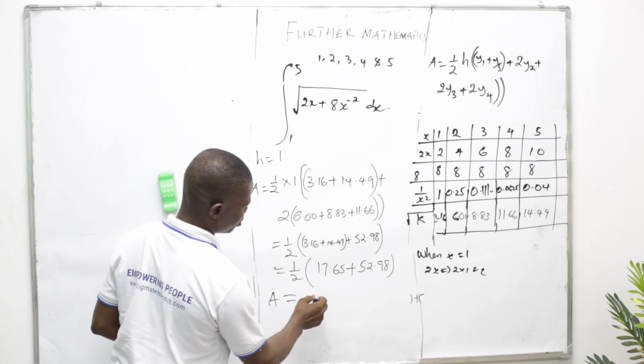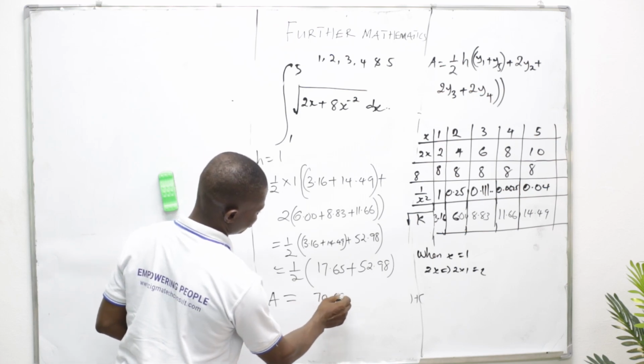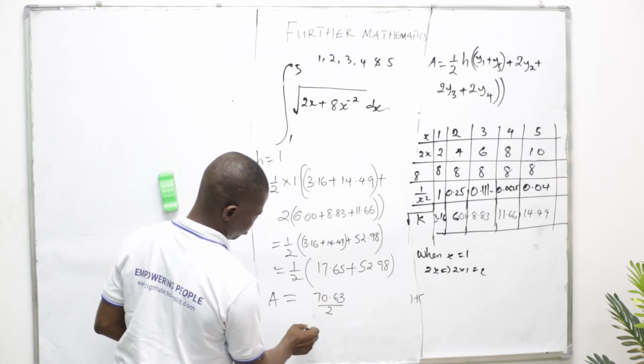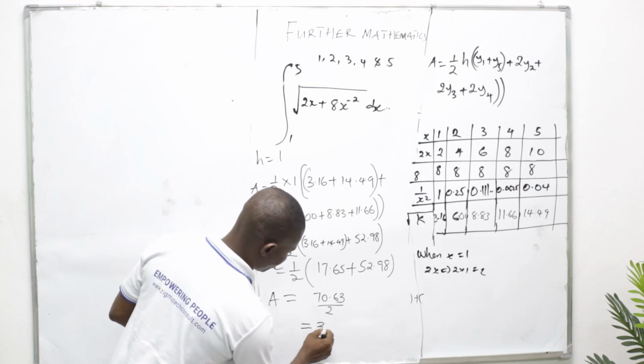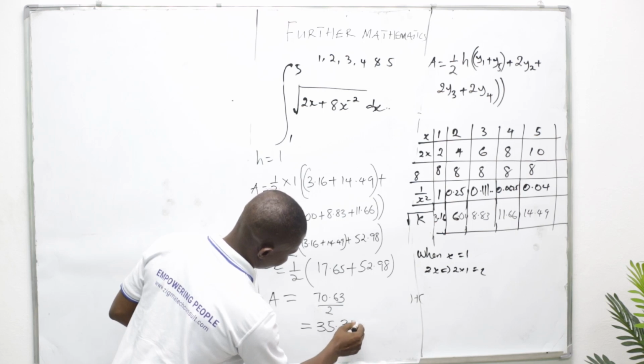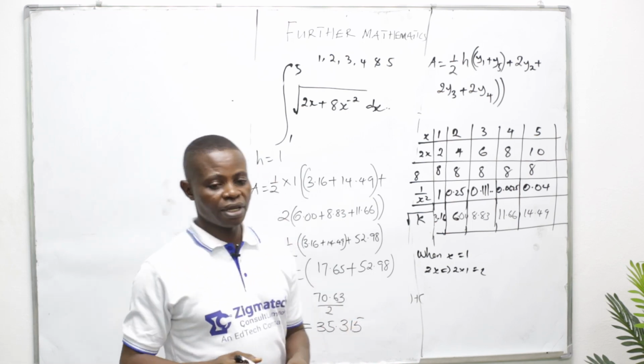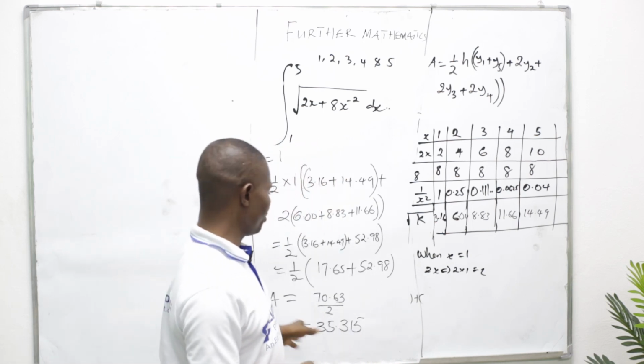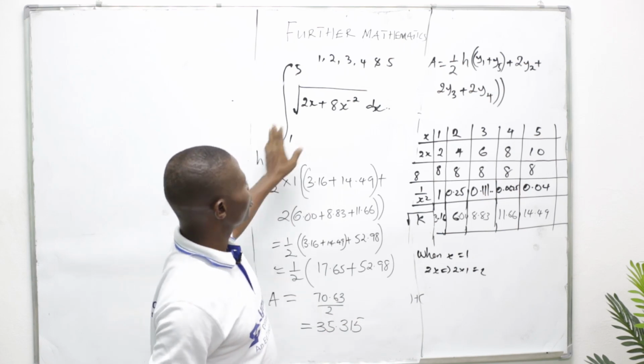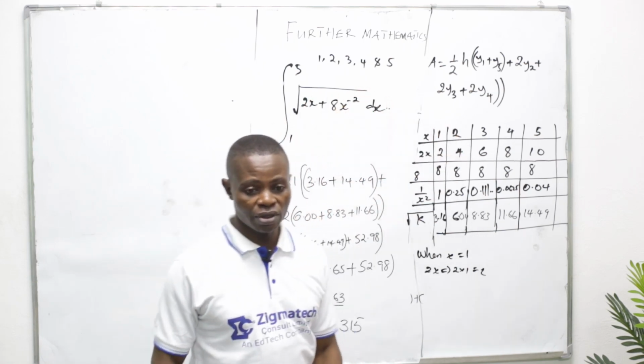A equals 70.63 divided by 2. This is 35.315. Okay, that's the solution to that when we divide by 2. So that is the trapezoidal rule.